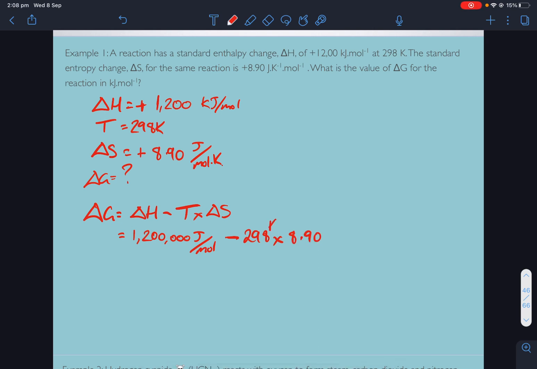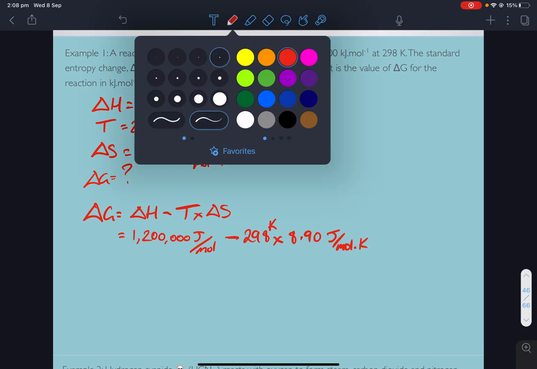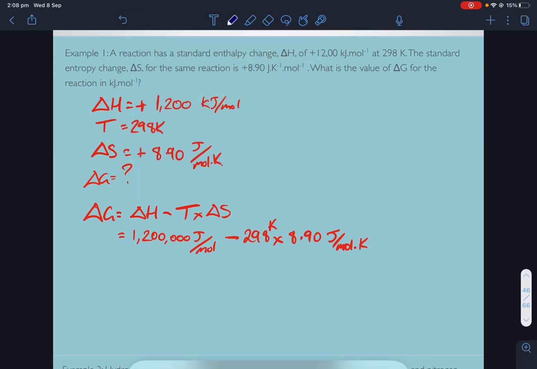Oh, I should have put my units for my Kelvin there so I can track it. Joules per mole Kelvin. Let's check my units. Kelvin's going to cancel there, so I've got joules per mole going to joules per mole, so I'm going to get my answer in joules per mole. I'll do that and then convert it over into kilojoules per mole.